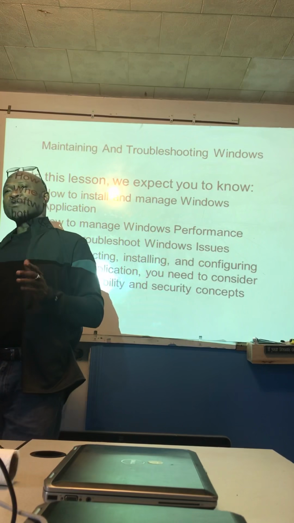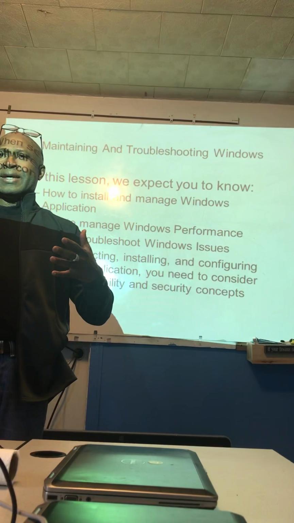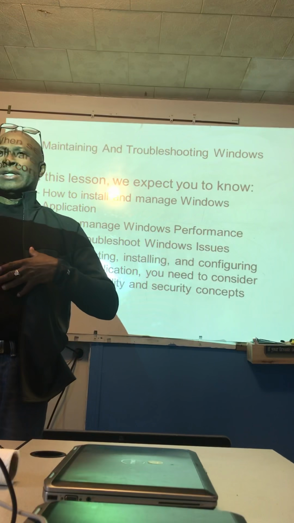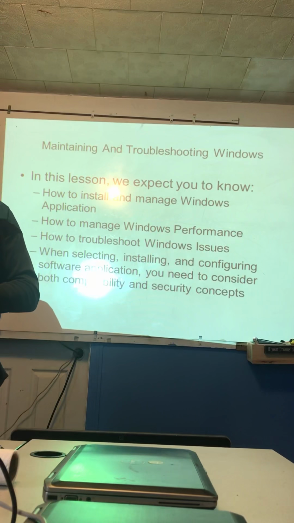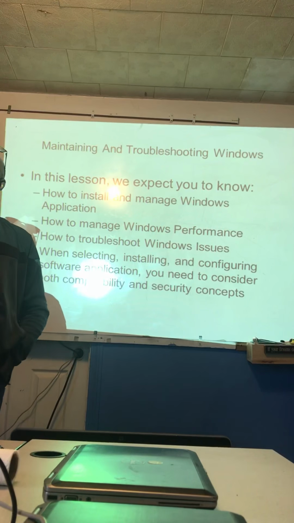So for that reason, as the IT technician or the network administrator, you have to make sure that you have control over who is using your system and what they can do on your system.